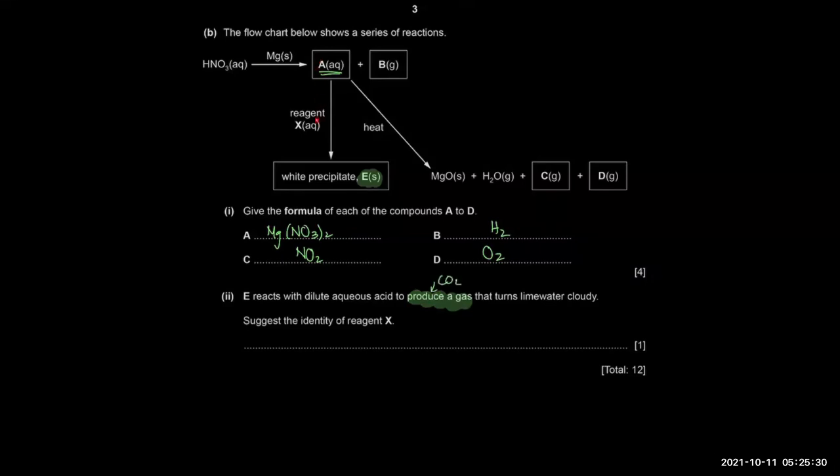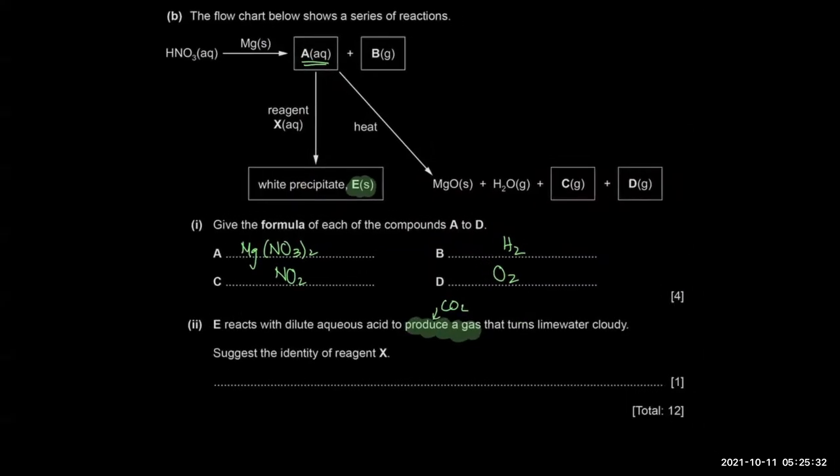So it must be magnesium carbonate. So then what reagent can I use to convert magnesium nitrate to magnesium carbonate? I'm going to need some carbonate, but it has to be a soluble carbonate, not calcium carbonate.